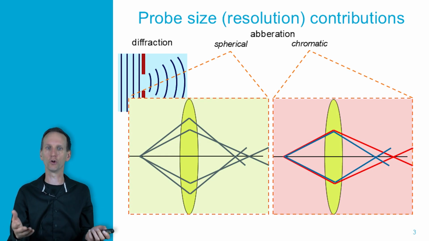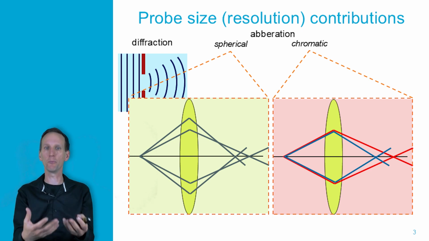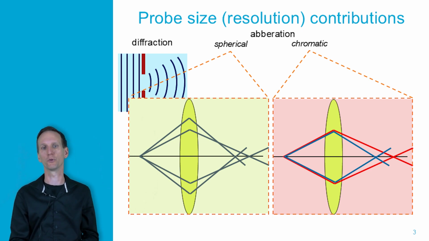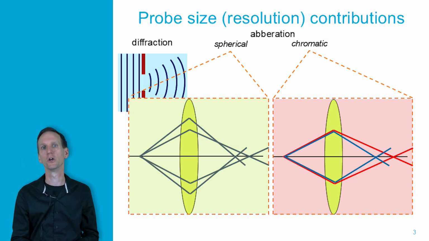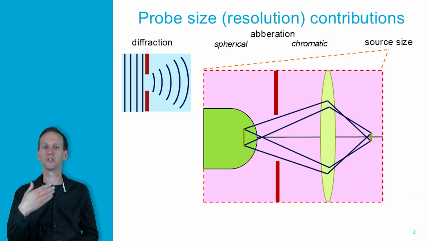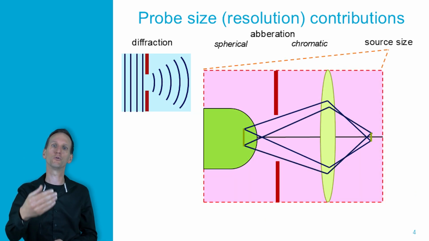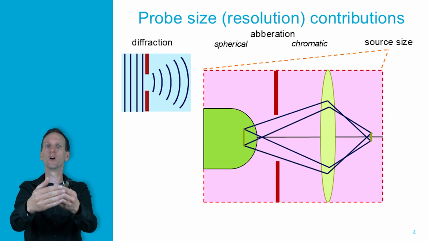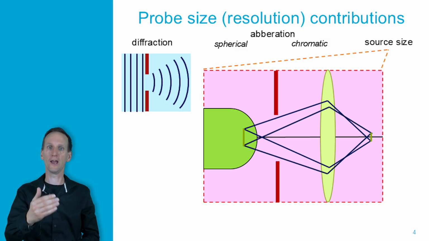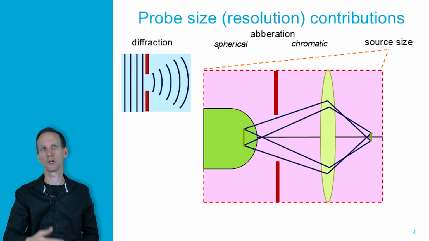We have seen before that aberrations add up to the diffraction-limited size of the probe. And again, we have spherical aberration and chromatic aberration contributing to the probe size. But there's a fourth factor. It may not be so obvious, but this relates to the fact that we have to take electrons from the source, and there at the source they appear from a certain physical area, which we call the virtual size of the source, the virtual source size.